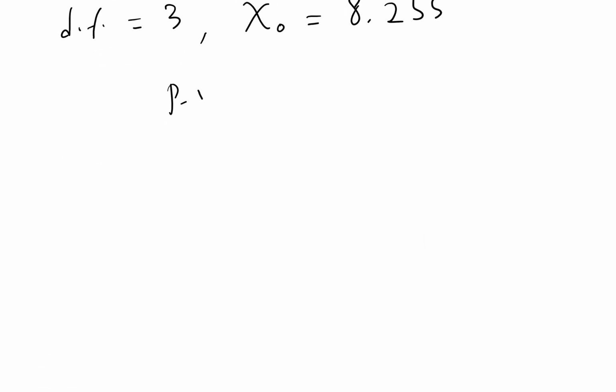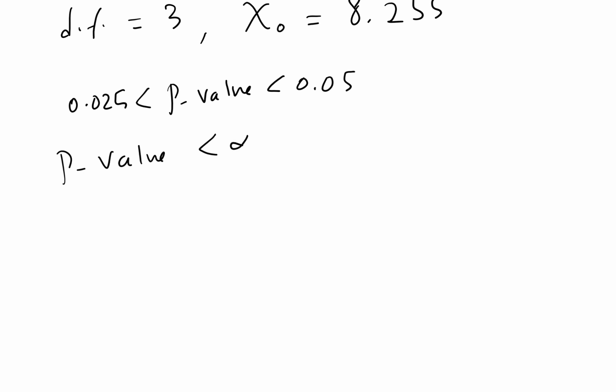So the p-value falls between 0.025 and 0.05. Since the p-value is less than alpha, which is given as 0.05, we reject the null hypothesis. This means there's sufficient evidence at the level of significance alpha equals 0.05 to support the claim that the distribution of the United States today is different from the distribution in 2000.